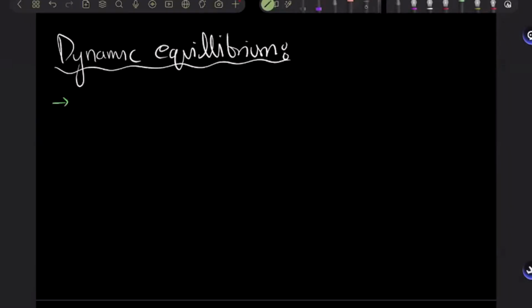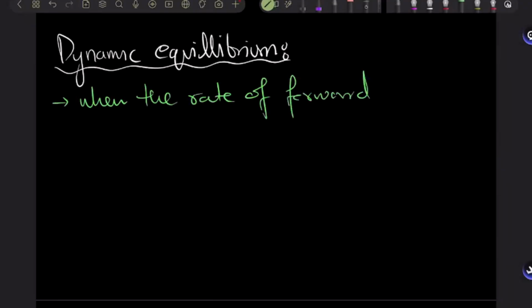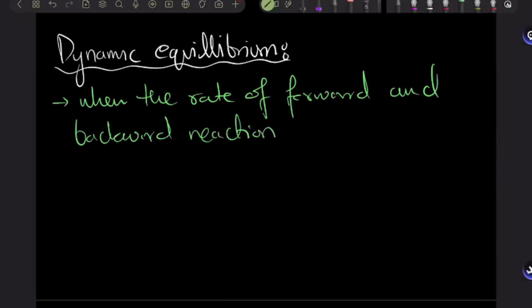It is when the rate of forward and backward reaction becomes equal. It does get constant, but the forward and backward rates are equal. That's when dynamic equilibrium is achieved.